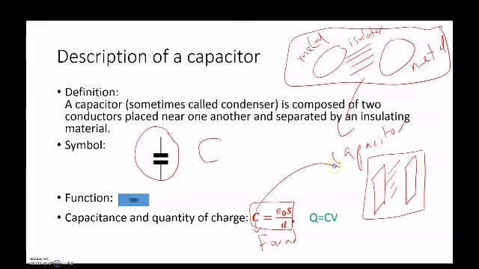The capacitance of this capacitor equals epsilon S over D. I'm sorry, not epsilon node, epsilon. Epsilon node is for a specific capacitance, I will speak about it later.